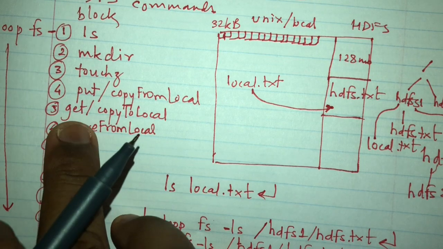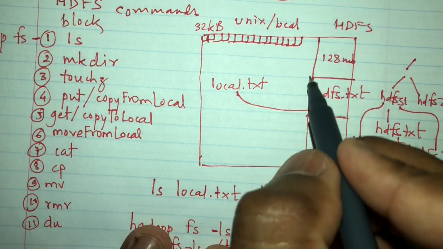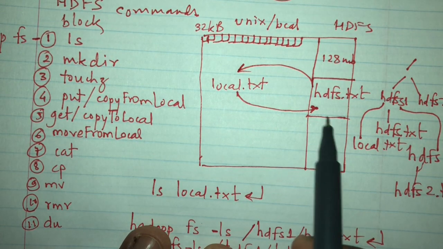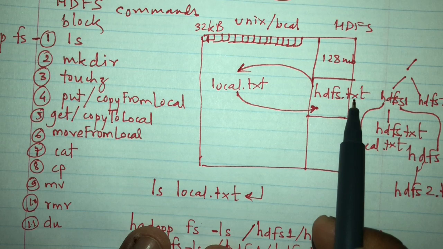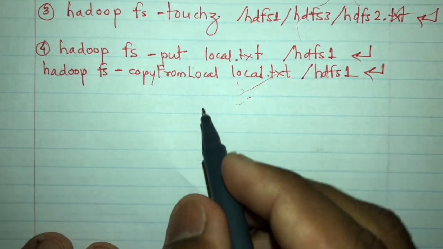Now the next command after that is the get command, or copyToLocal, when you copy a file from HDFS to local. I will try to copy hdfs.txt from hdfs1 to my local file system. The get command is also known as copyToLocal.